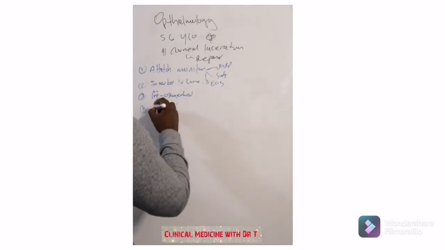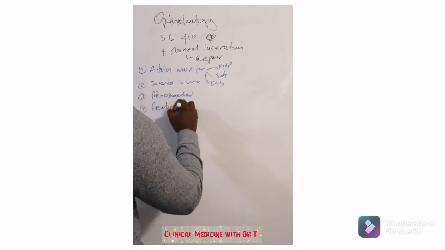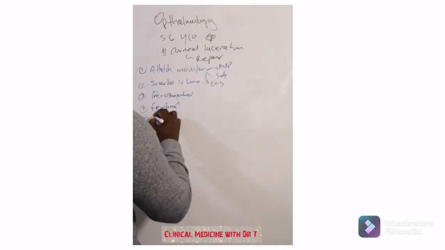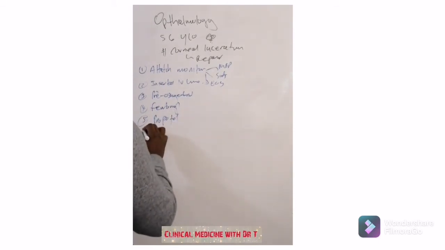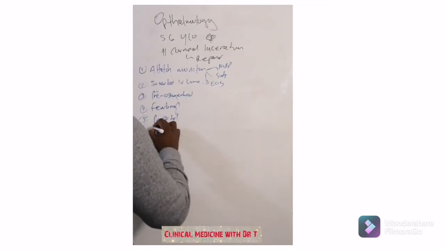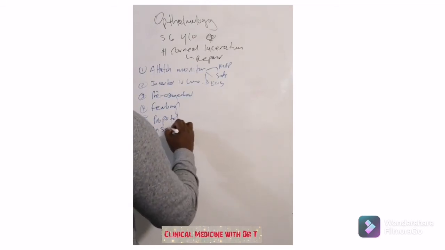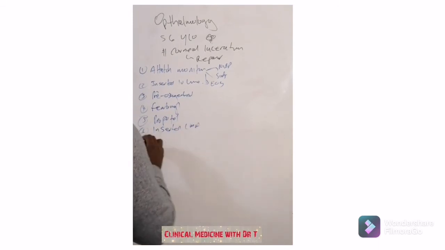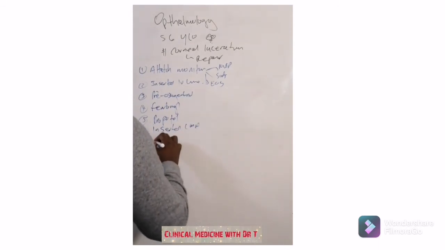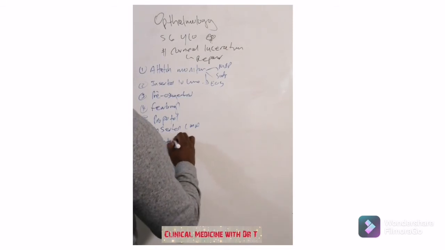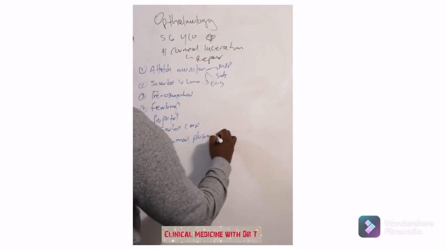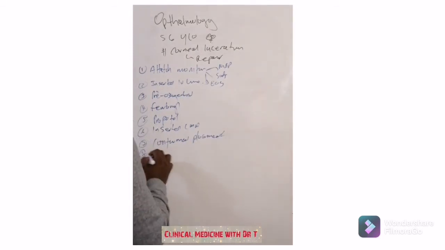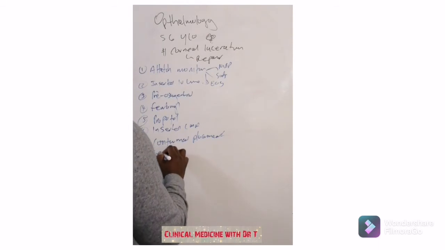After that, we gave fentanyl. Then we gave propofol, and then we inserted the LMA. Number 7, confirmed placement. 8, we secured.